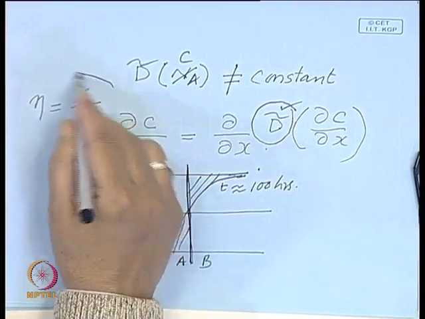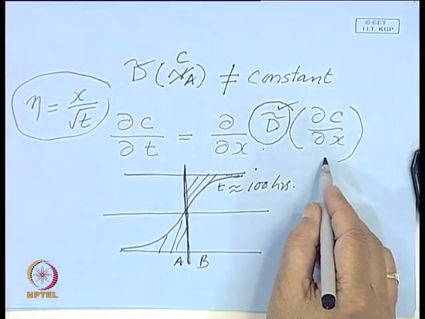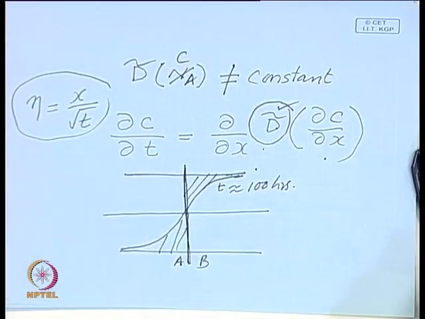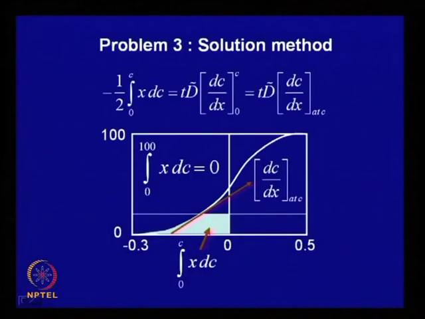If you do this conversion, then this partial differential equation gets converted into an ordinary differential equation, and it is possible to arrive at its solution, which is listed here.